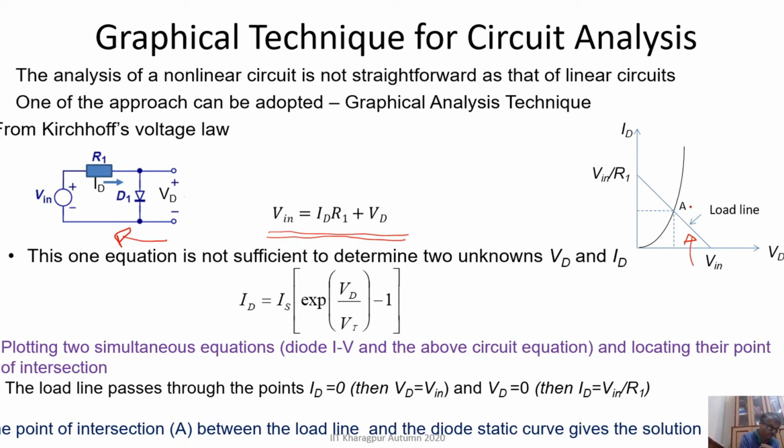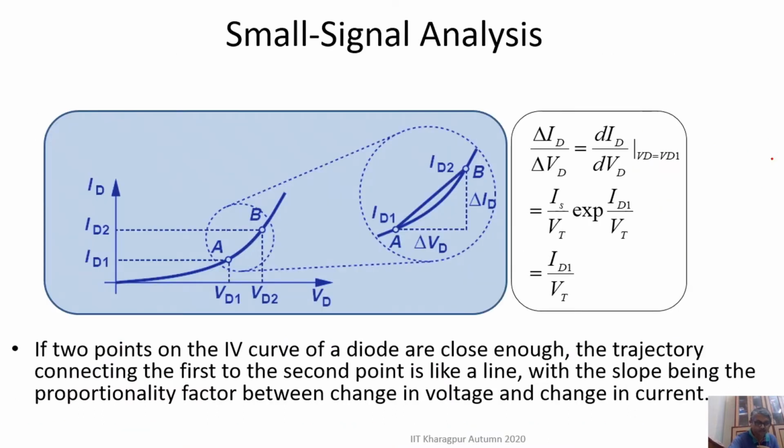From there we can find the load line, and this point, which is basically the intersection of the load line and this exponential diode characteristic, gives you the solution of this circuit.